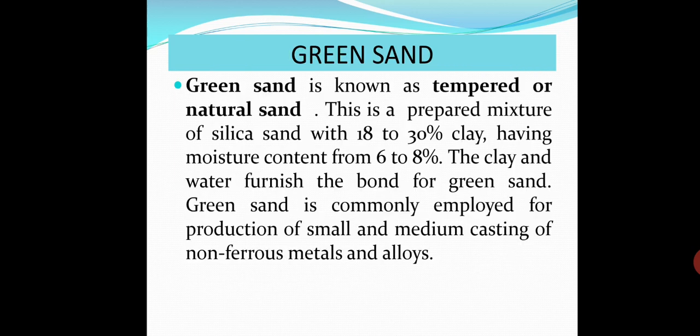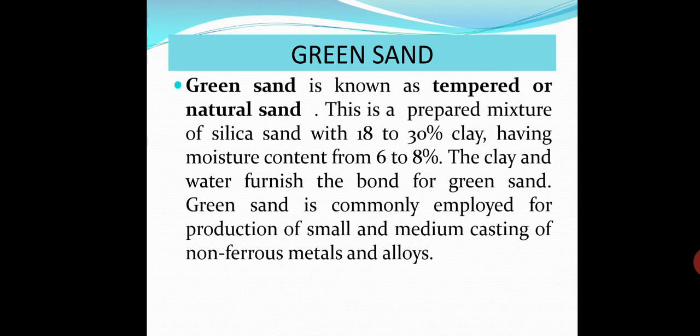So green sand. Green sand is also known as tempered or natural sand. The first type of sand we have discussed, natural sand, has another name: tempered sand or green sand.